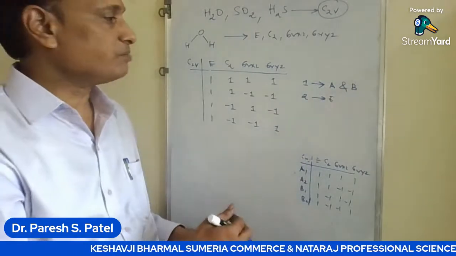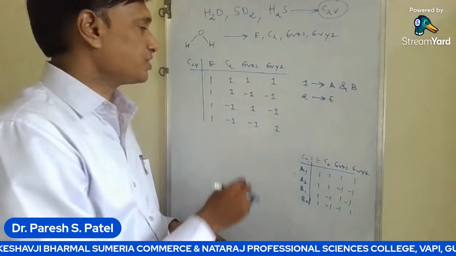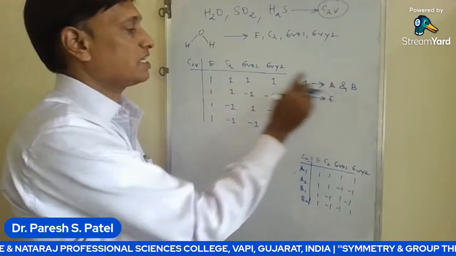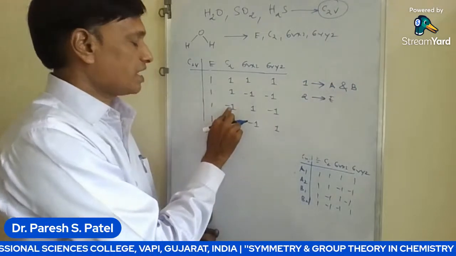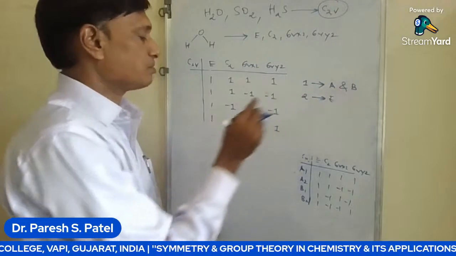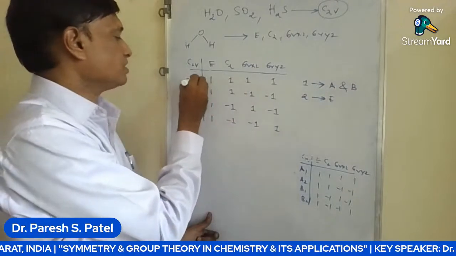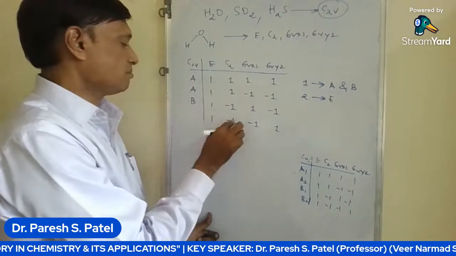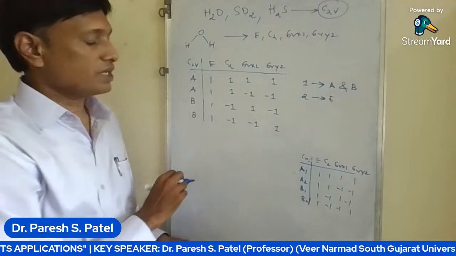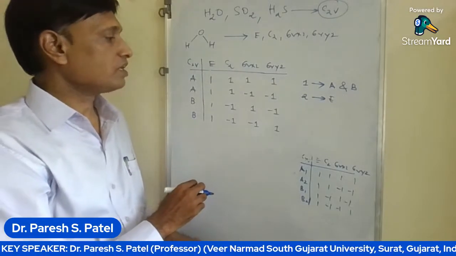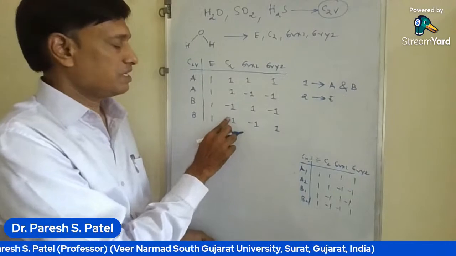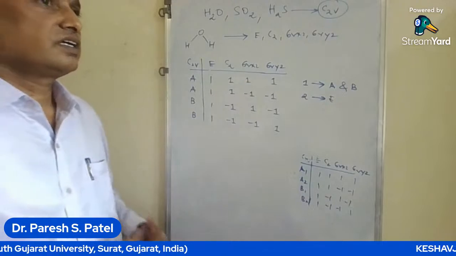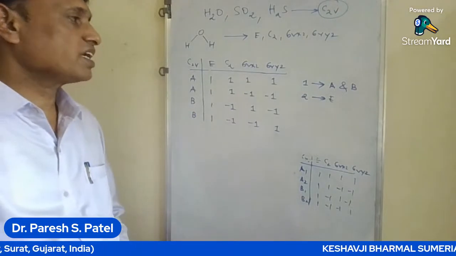If the character for the main principal axis is plus 1, capital letter A can be used. If the value of the character is minus 1, then capital letter B can be used. So here 1 means A, 1 means A, minus 1 means B, minus 1 means B. Now the subscript: if there is a C2 perpendicular to the main principal axis and the value of that character is plus 1, the subscript 1 can be used.